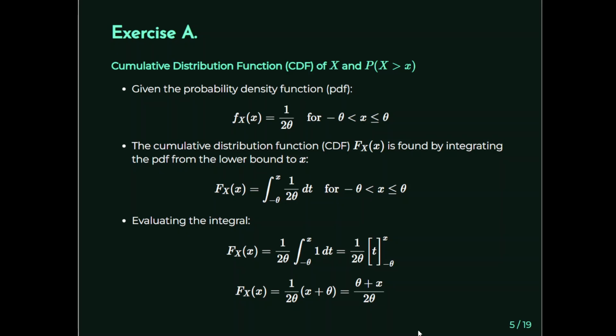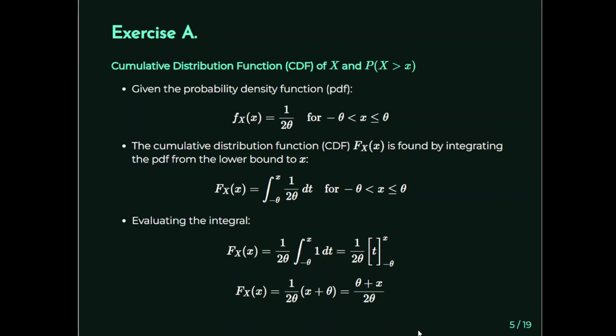So capital F(x) equals the integral from minus theta to x of 1 divided by 2 theta dt. We just use this dummy variable t for the time being, because we're not using it anywhere else. Evaluating the integral, 1 divided by 2 theta is a constant in t, so you have the integral from minus theta to x of 1 dt.